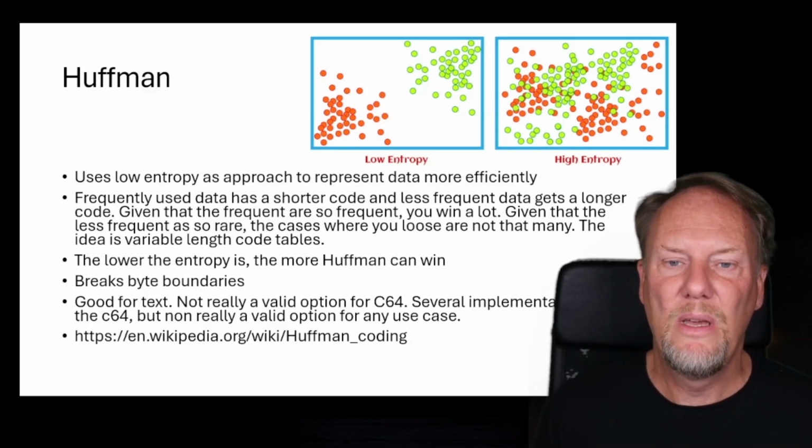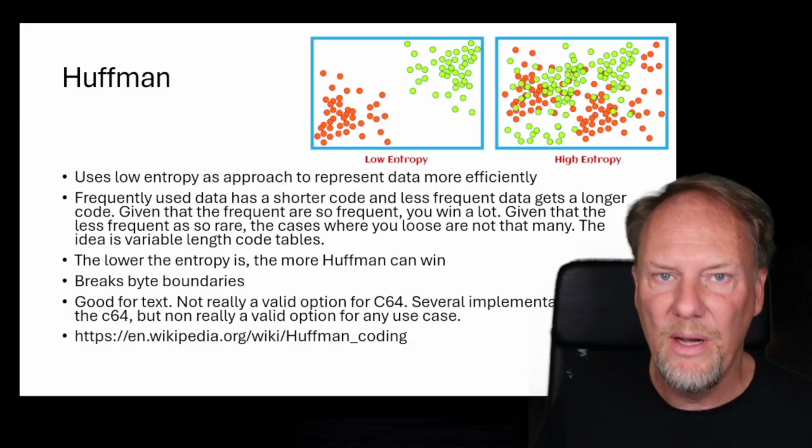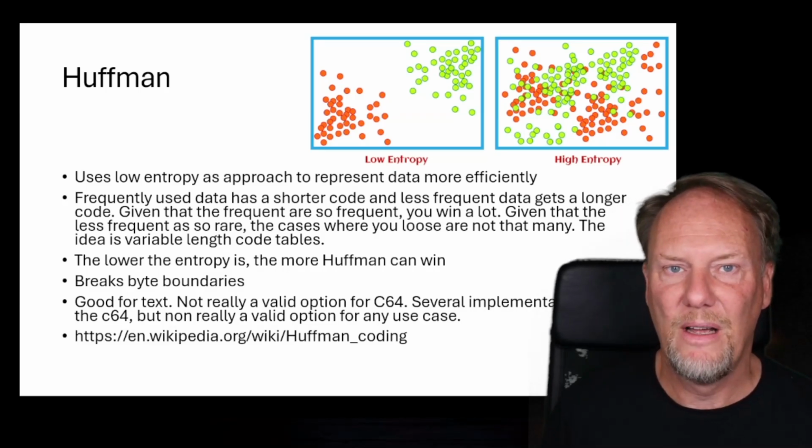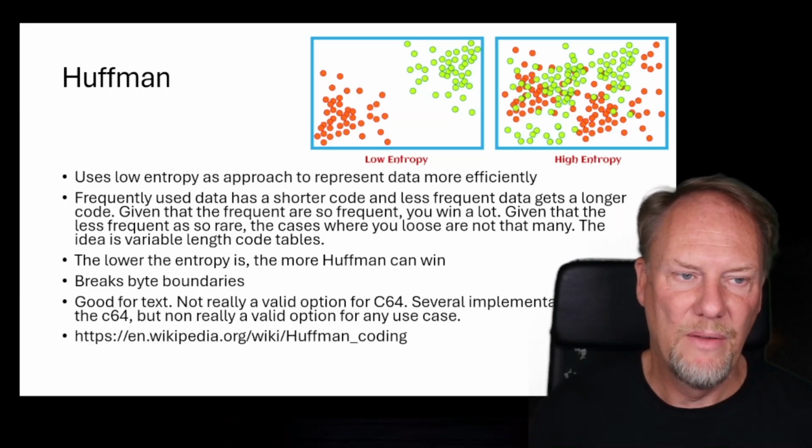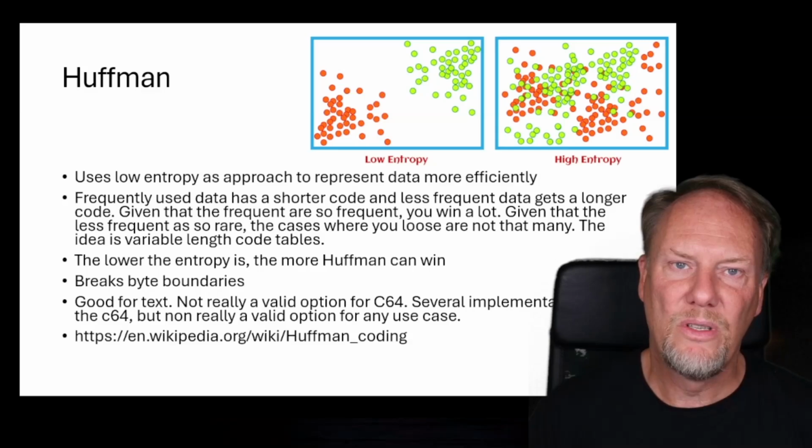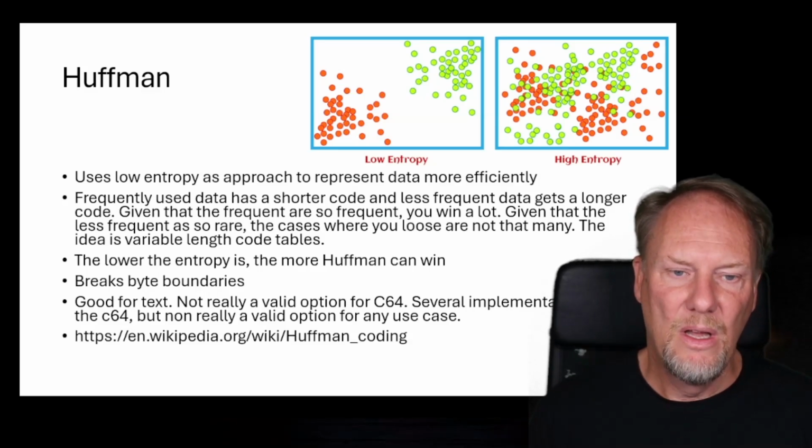The lowest entropy would be if it's the same byte across the entire file. That's low entropy. And Huffman works better the lower the entropy.